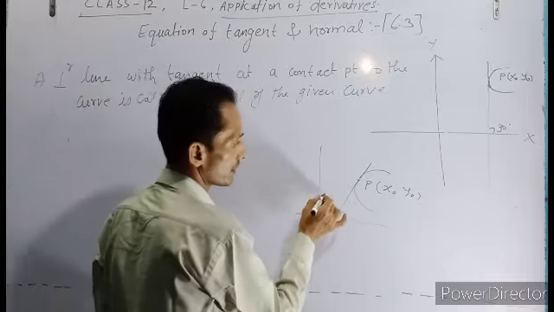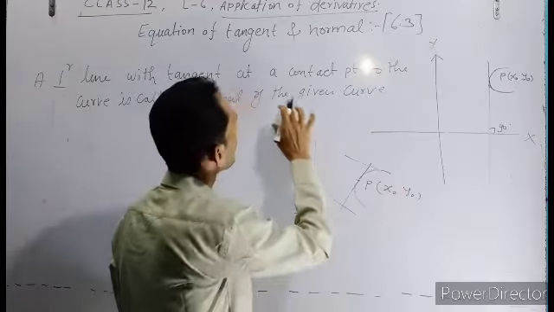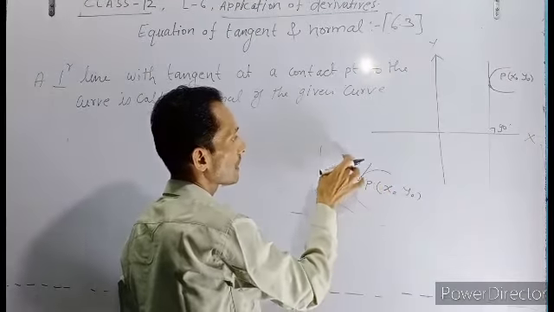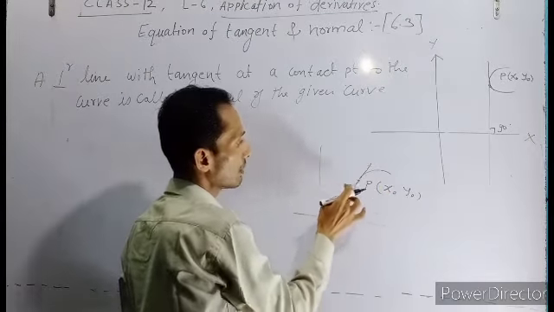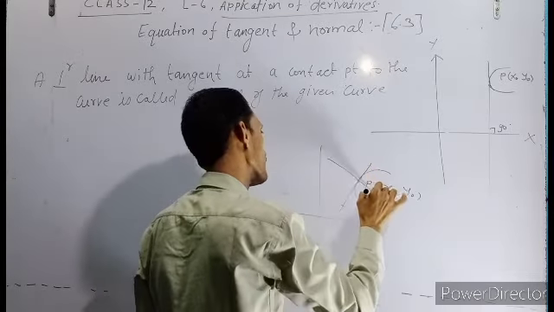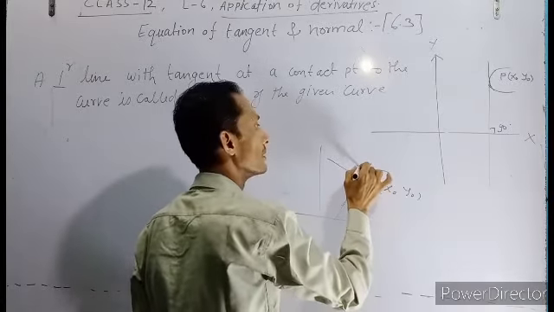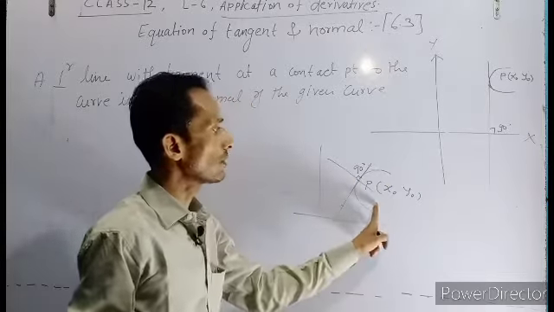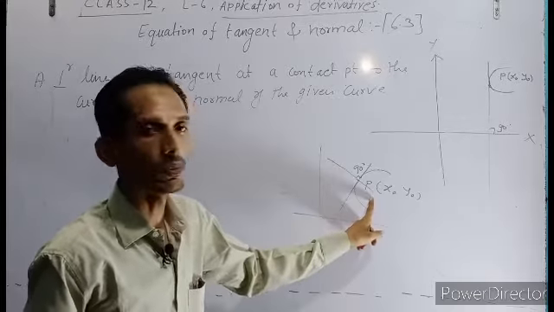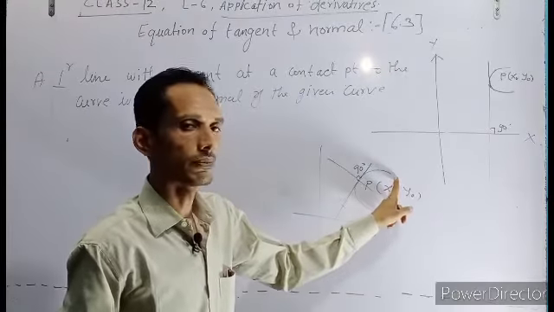Perpendicular may be here, this one also perpendicular, but where? At the contact point. We have to draw the line which is perpendicular at the contact point P, so that is this one, 90 degrees. This line is called the normal to the curve.